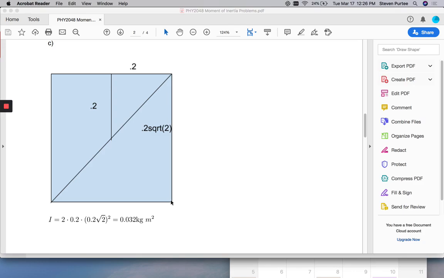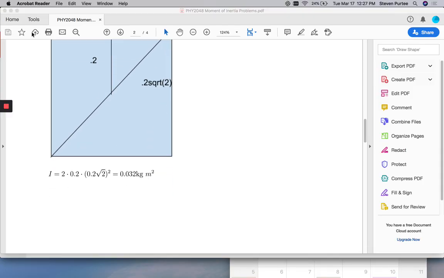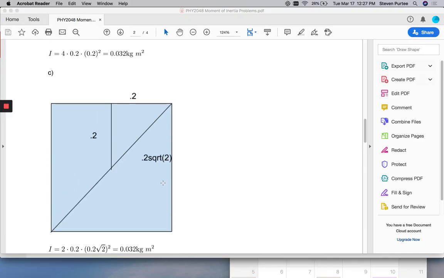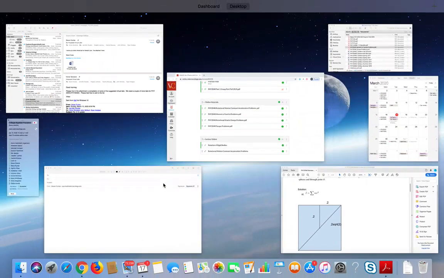They contribute nothing to the moment of inertia. Their R is 0. These 2 points here and here are 0.2 square root of 2 away from the axis. So adding all 4 of those up, 2 of them were 0. We have these 2 that were 2 times their mass times their distance squared, and we get this moment of inertia. Okay, those are all discrete cases.